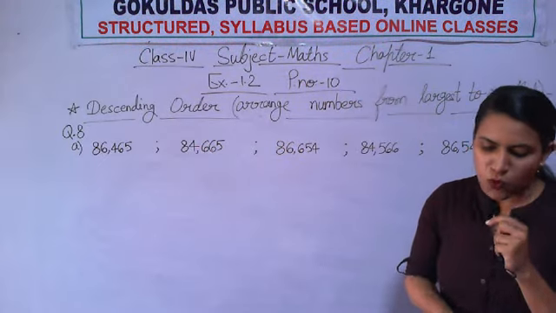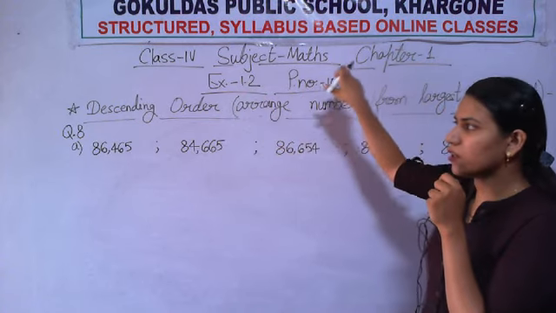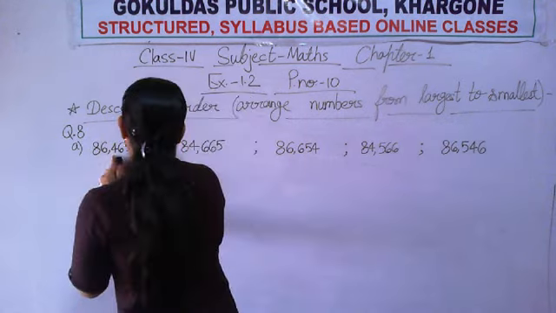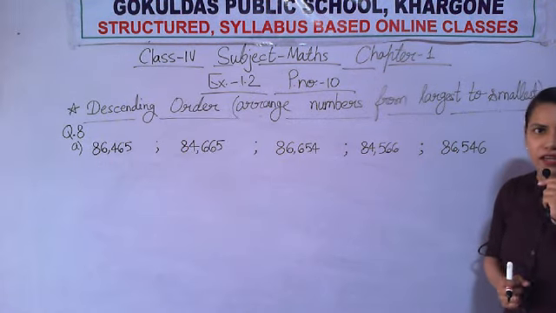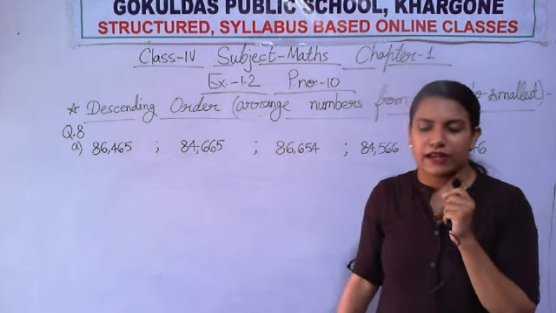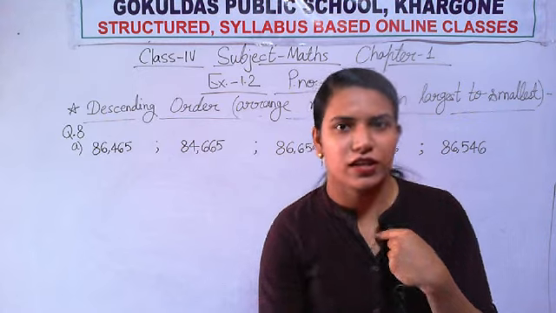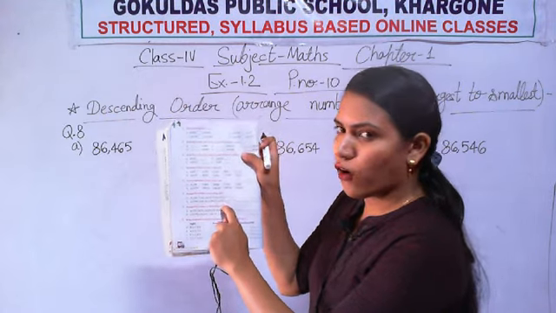So let us do question number 8, exercise 1.2, page number 10. 5 numbers are given here and you have to arrange all these numbers in descending order. According to your question, arrange the numbers in descending order.